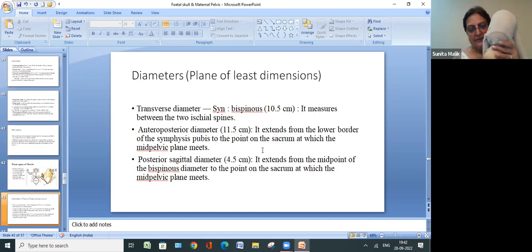And because the AP diameter of the outlet is more, it has to internally rotate from transverse, or from oblique, at the level of the ischial spine, and then it will come out. So the baby delivers in the AP diameter. The fetal skull and the pelvis are in the same direction. So that's important.